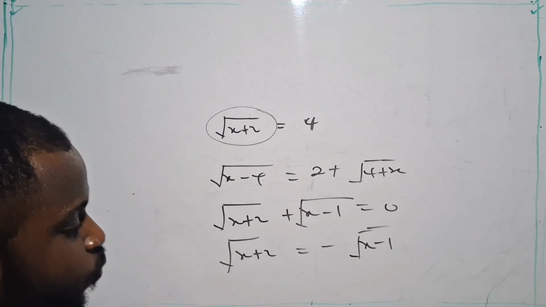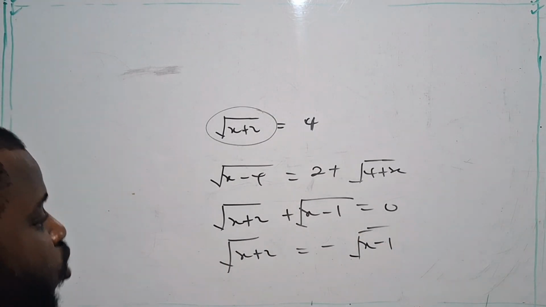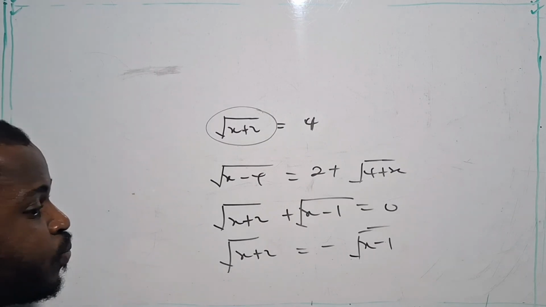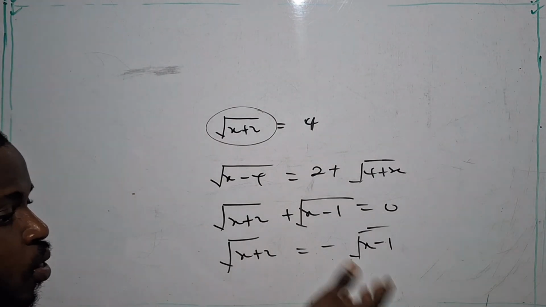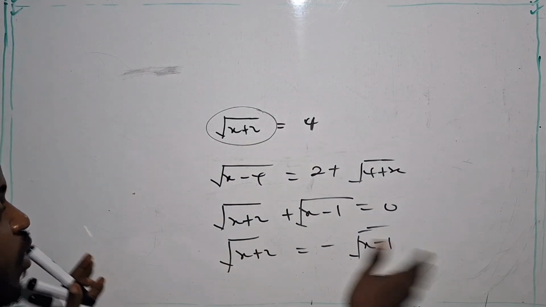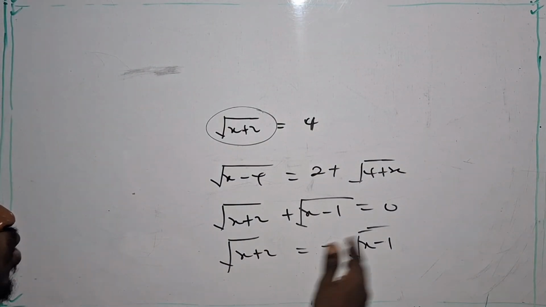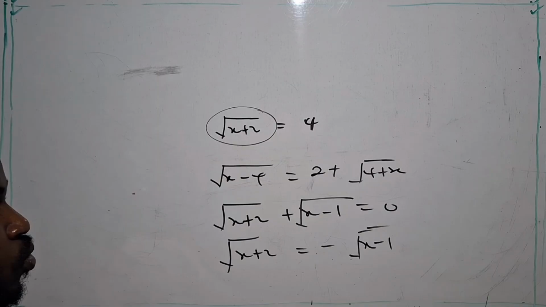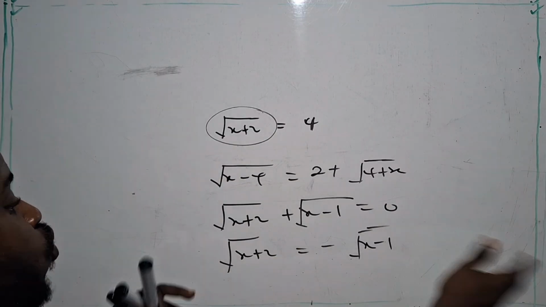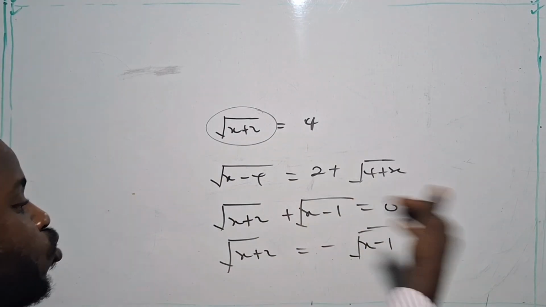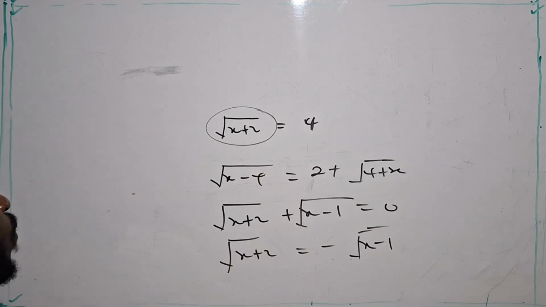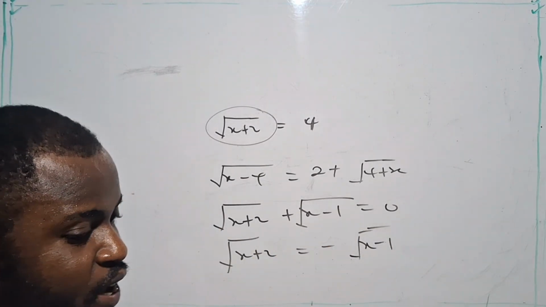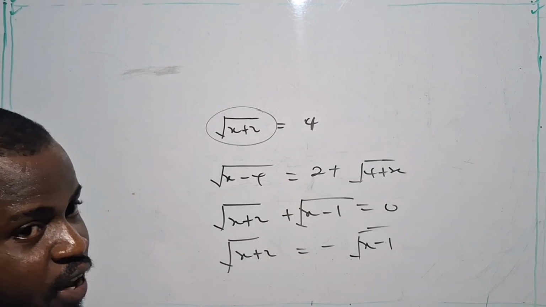By the principle of solving, there are certain things that we are going to introduce here, but it's the same concept and principle. After you have isolated it, you expand both sides where possible, then you group like terms. If possible, you square both sides, you remove the square root, then you solve the equation, then you verify the answer as we did in type 1.